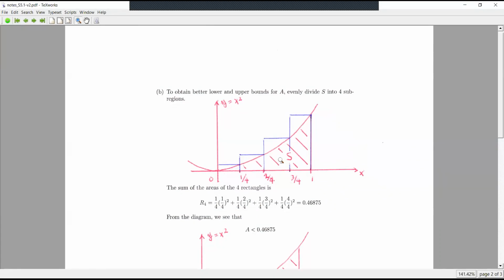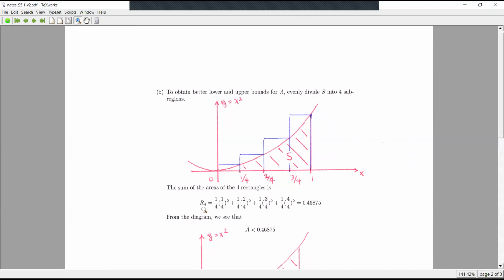Similarly, the third and fourth rectangles use the function value at the right endpoint, and the corresponding areas are these 2 numbers. Now, make a sum of these 4 areas, then we get the sum is this number. According to the book, because we use right endpoint to build rectangles, the notation for this sum is R. R means right endpoint.